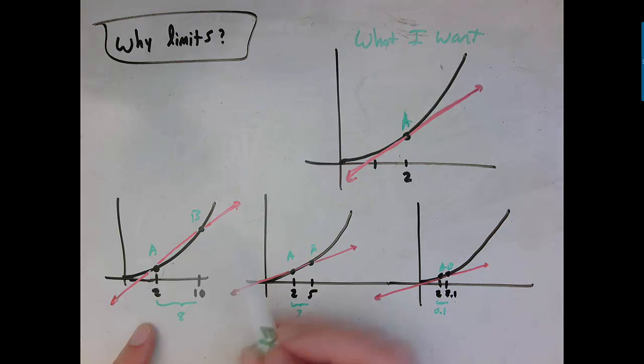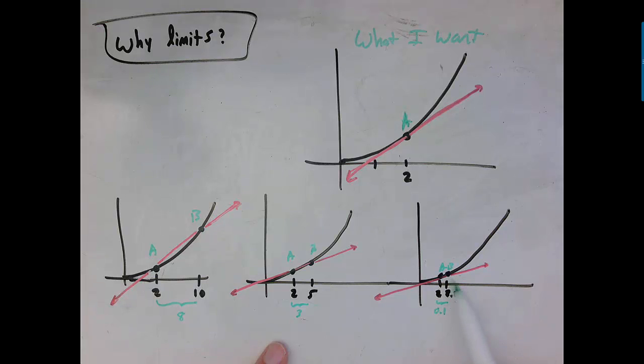Obviously, this line is not a tangent line at A, but what I can do is make this line get closer and closer to what I think the tangent line should be by making this distance smaller and smaller. So if I move B along the curve closer and closer to A, here when B is only a distance of 3 away from A, it's moved down the curve and the line looks a little bit closer to the tangent line.